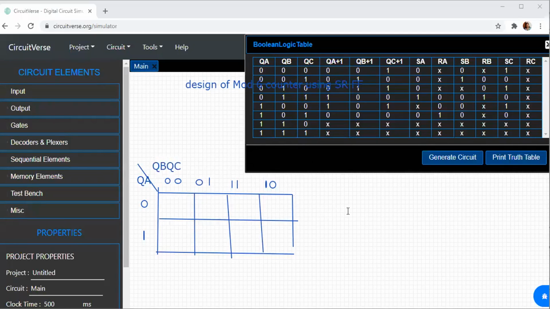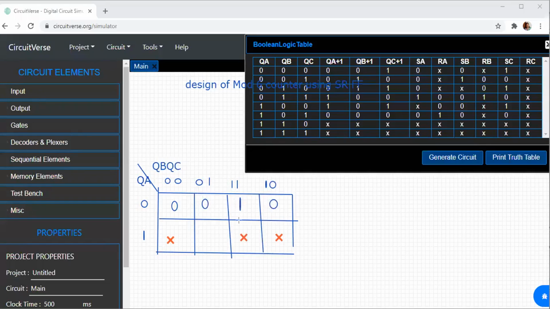So now first the K-map for SA. When I write the K-map for SA, these two are X and X. Let us put the X values. So these two are X and X. This will also be an X. And write down the values. First value is 0 if you can see. 3 zeros and 1, 1. 0, 0, 0 and 1.